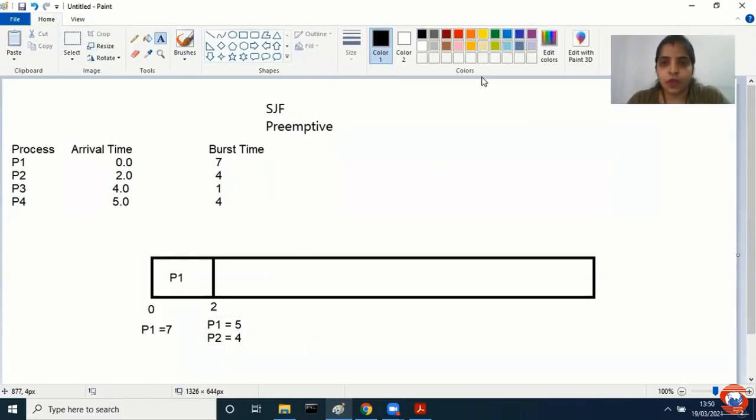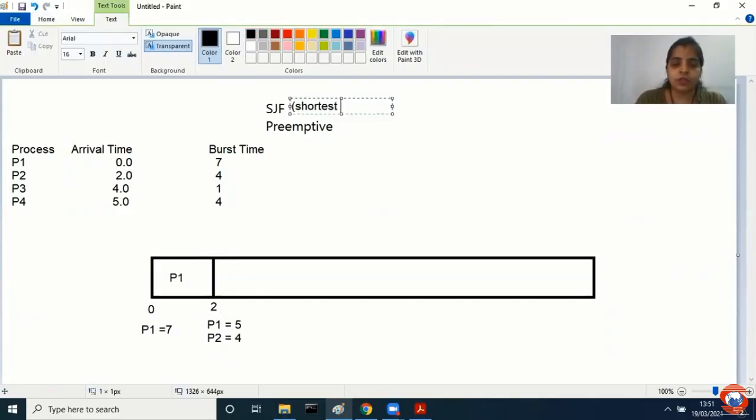Everyone. All right. Now the question comes. I have 2 processes ready for me. Process P1 having the burst time as 4, process P2 having the burst time as 4. अब कंट्रोल में P1 को दूं कि P2 को दूं? Which algorithm am I using?